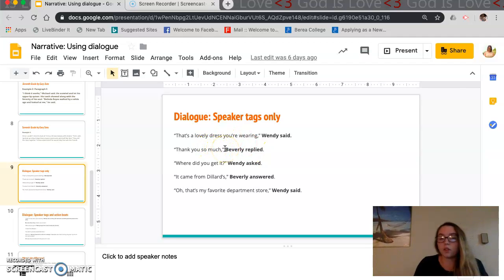"That's a lovely dress you're wearing," Wendy said. "Thank you so much," Beverly replied. "Where did you get it?" Wendy asked. So as you can see, the writer provided us with the knowledge of who's speaking and when, but there's no action that goes with that to show us what's happening in the story. So it's dry, it's boring.